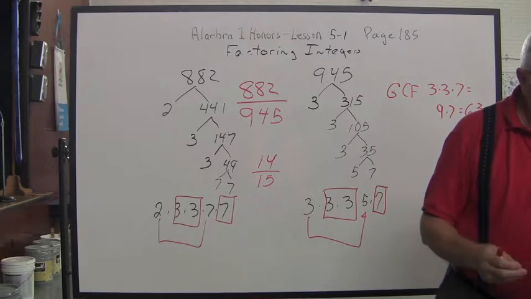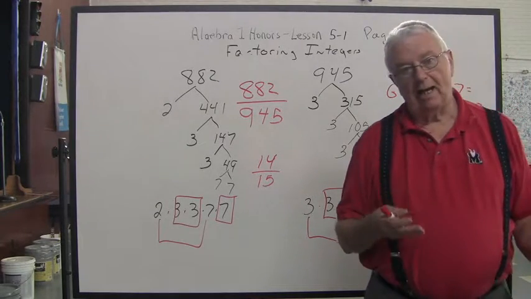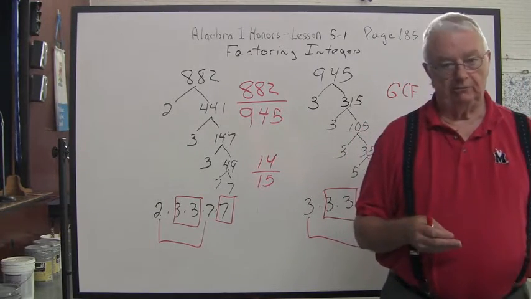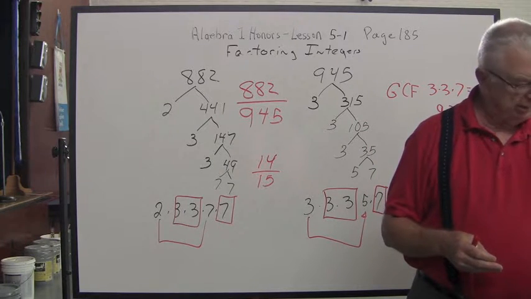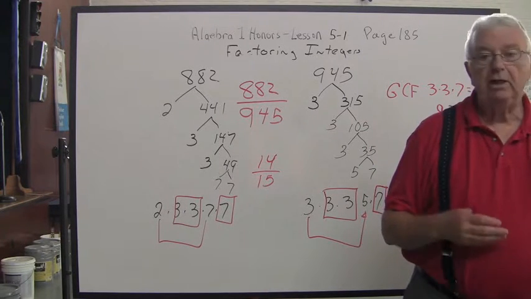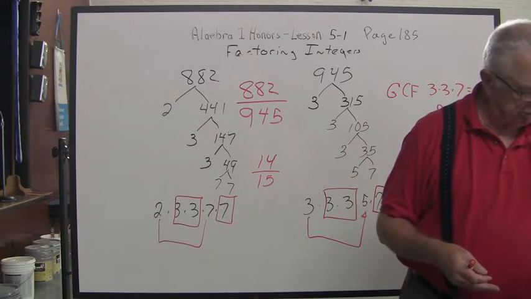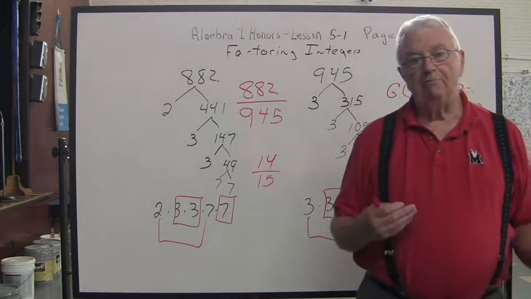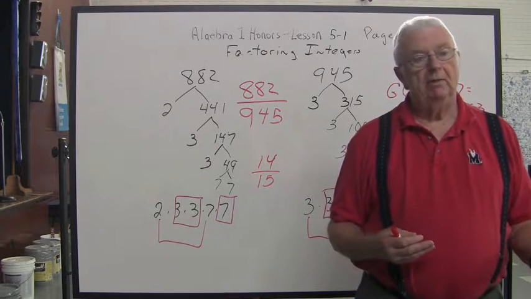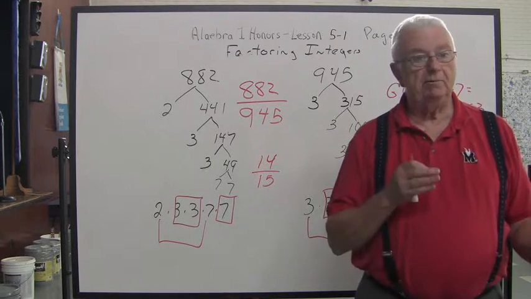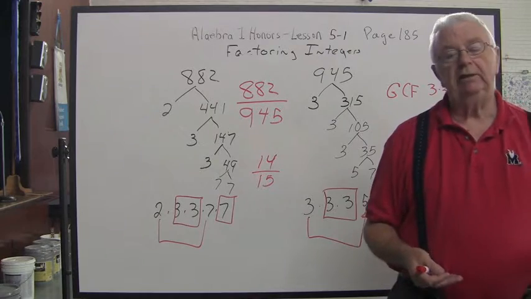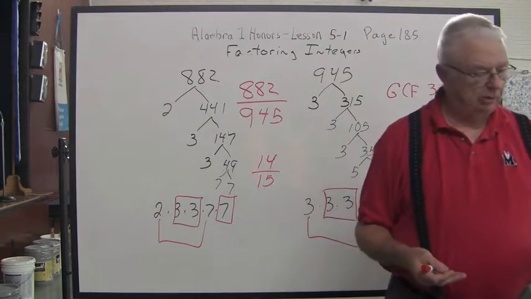So if we can list, and I like to put them into a set, all the factors of a number, then we are satisfied finding the positive factors of a number, like example 1. If we could do prime factorization of a number, break it down into the factors that are only prime numbers, then we're solving example number 2.